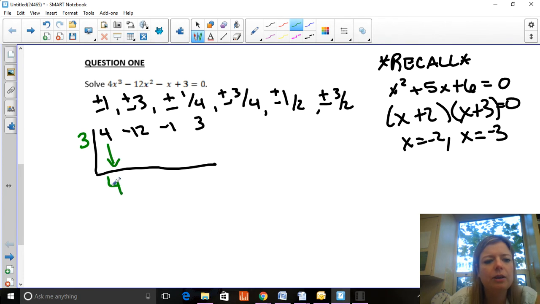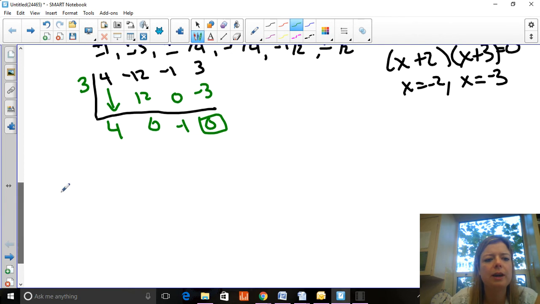So you get 4, 12, 0, 0, -1, -3, 0. So this works because you have a 0 remainder. So then you have x minus 3 times 4x squared minus 1.